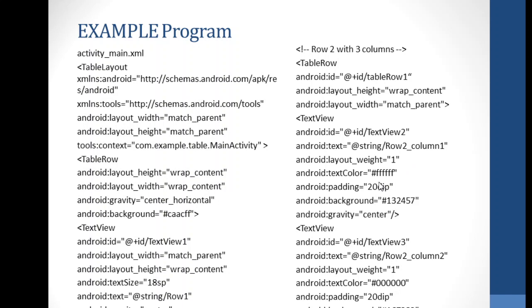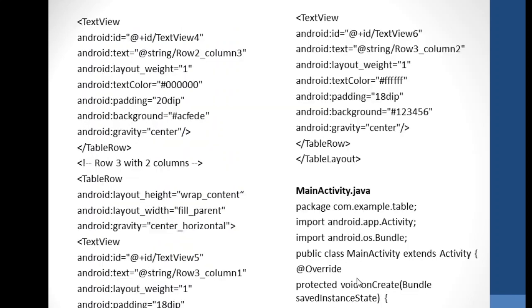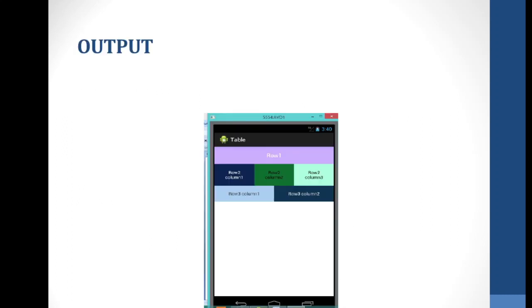I have specified each and every row with the text color, and the gravity would be in the center. For all the text, I have given the gravity at the center, and I have given different colors to specify the columns. And I have imported the Android app activity and app bundle. Why? Because I am only creating the instances over here.